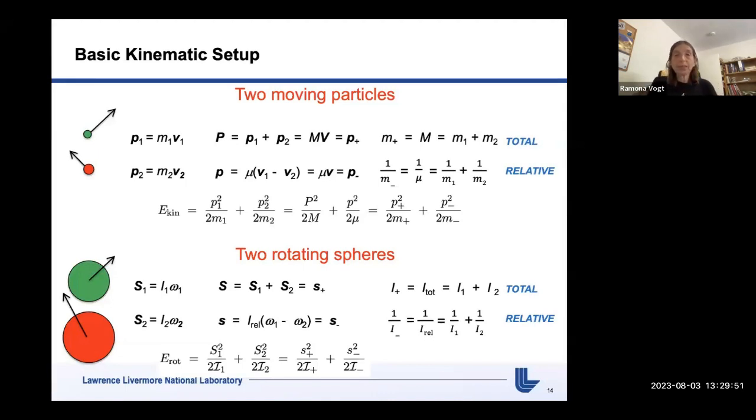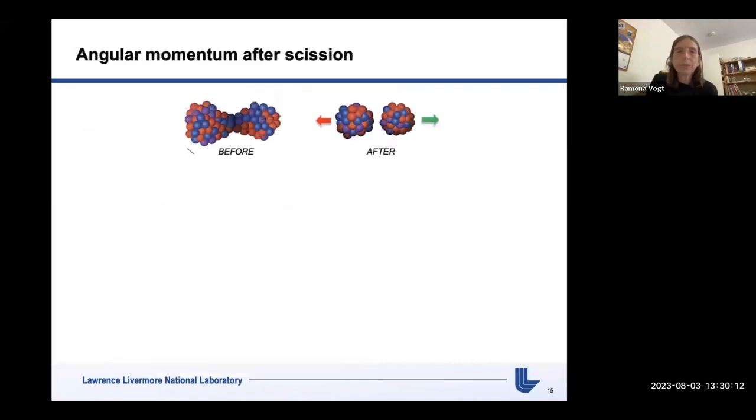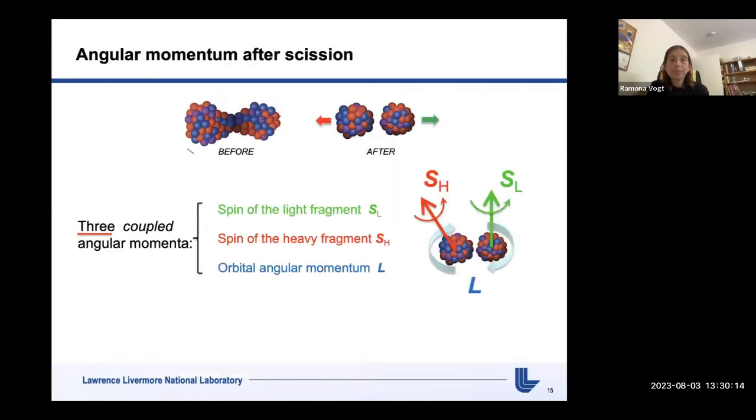And then the rotational and kinetic energies are just the sums of these two for each individual fragment, or you can linearize and write them in terms of normal modes. And these normal modes are these wriggling, bending, tilting, and twisting modes.